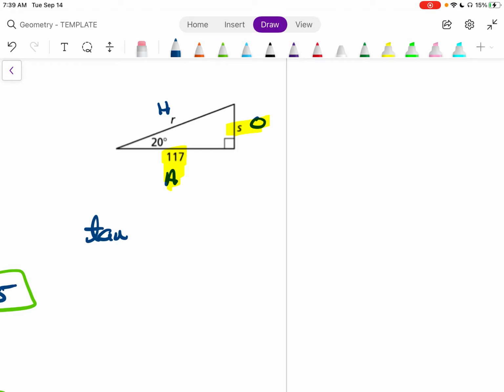It's good to use cursive T's, and a lot of the times I try to use cursive L's as well. That way they don't look like the number 1. So tangent of 20 is going to be S over 117. Right? I used opposite over adjacent. Solving for this, S is going to be equal to 117 tangent of 20.